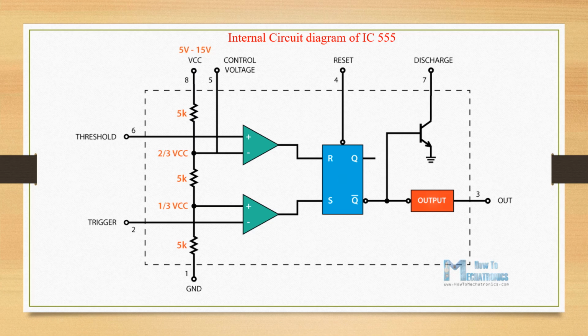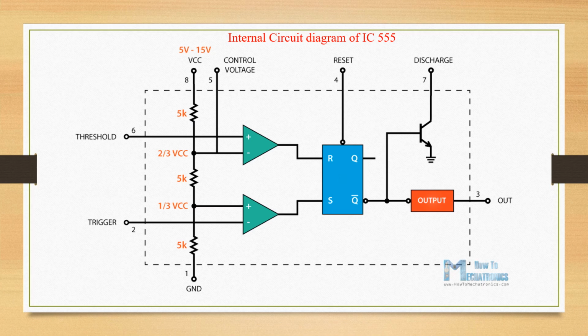Each comparator has 2 input conditions. The first comparator has 2 input conditions, that is threshold level and 2/3 VCC. The second comparator again has 2 input conditions: one is 1/3 VCC level and the second one is trigger input.